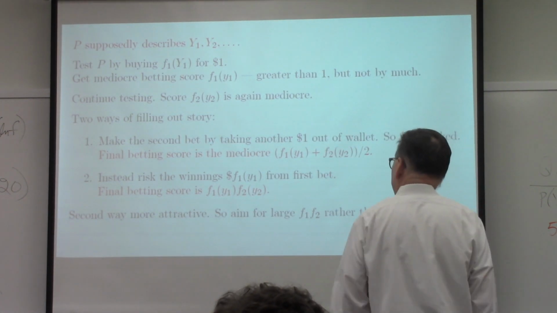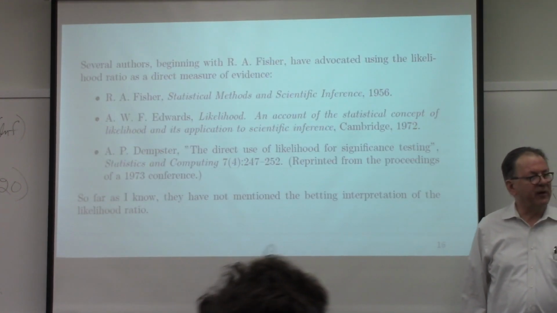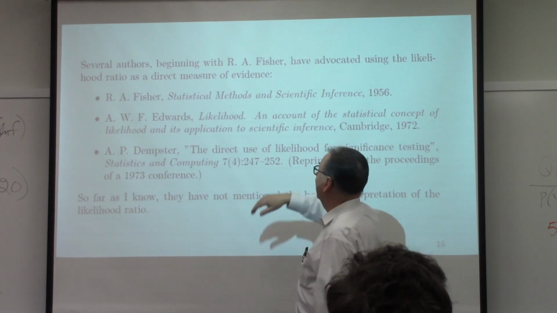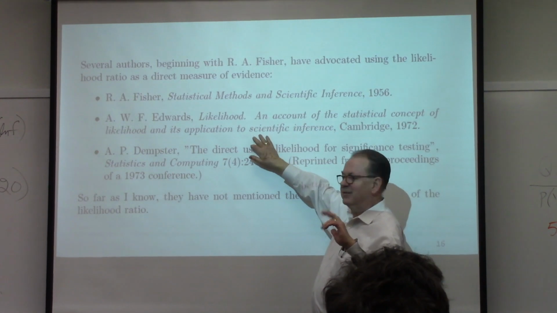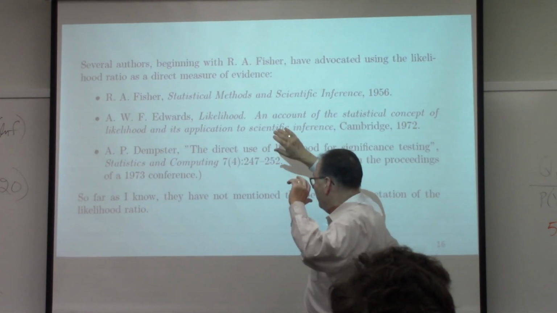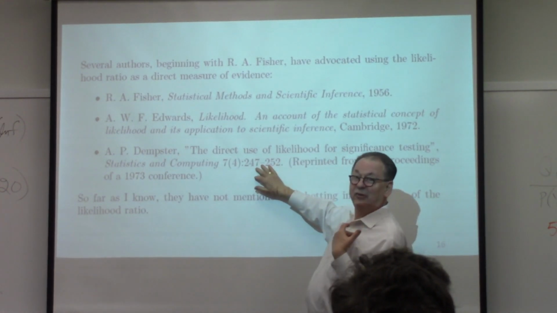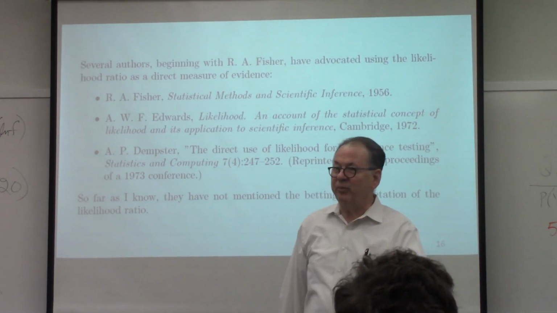That's the idea. This is a bunch of articles about likelihood that don't mention betting. Fisher's book, and my old friend Tony Edwards, he's in his 80s, but he's still around. He wrote a whole book about this, but he doesn't mention betting. Art Dempster, my mentor in '73, wrote a big article about directly interpreting likelihoods.